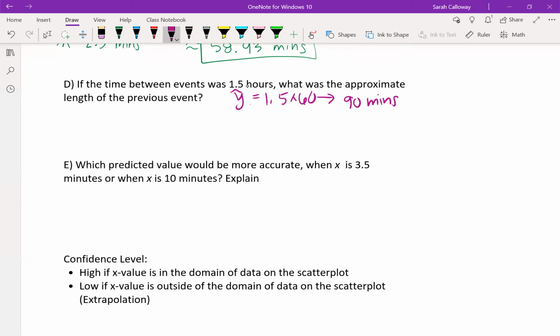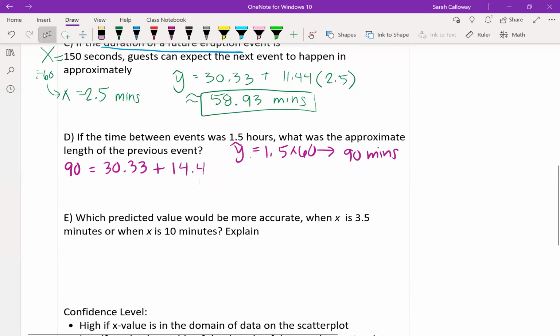So what happens then is if I plug into the equation, I'm now plugging in y hat. So 90 equals 30.33 plus 11.44 times x. So what I want to do then is subtract those values so that I can get x by itself. I'm just solving this simple linear equation.